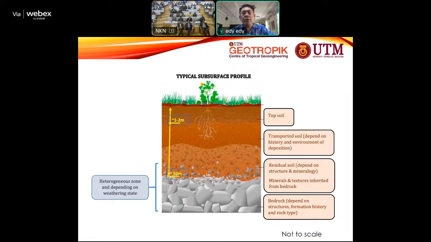And then the residual soil, the third layer, is the soil that is generated from the decomposition of the rocks, then it has been disintegrated and decomposed to the secondary or the tertiary minerals, and this originated from the parent rock, while the bottom part is the bedrock. Much depends on the structures, formation history, and the rock type. So it is much dependent on the type of bedrock that will generally influence the parameters and the behavior of the underground.